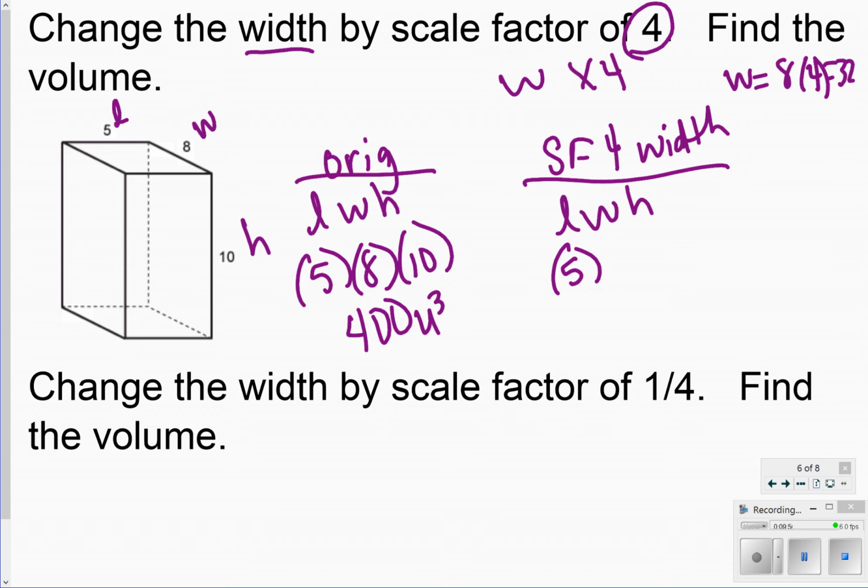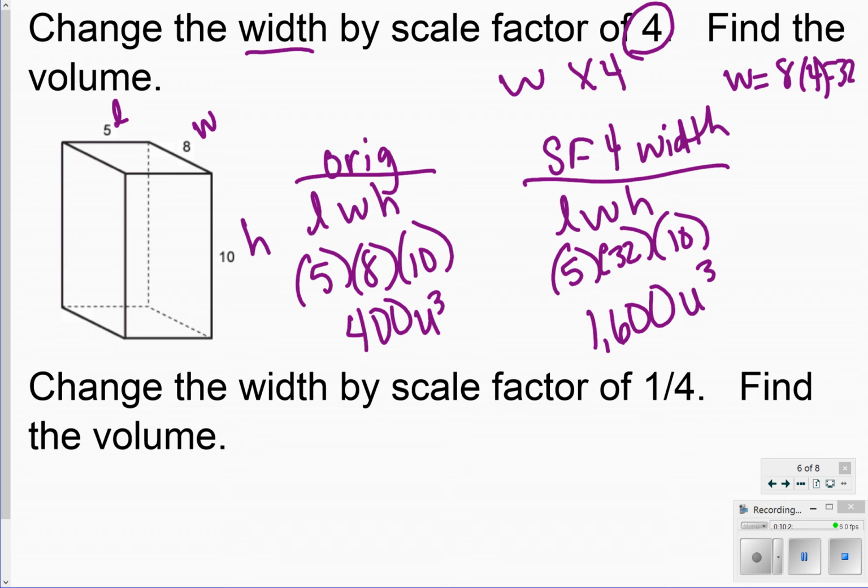That's quite a change. So we're going to multiply it by 32, and our height stays the same, 10. So 5 times 32 times 10, and our new volume is 1,600 units cubed. Wow. When we multiplied by 4, we had 400 originally, and now we have 1,600.